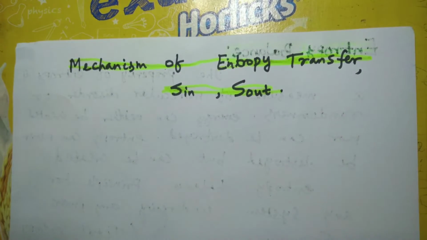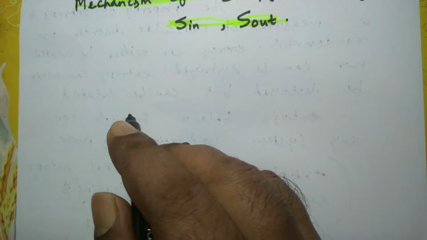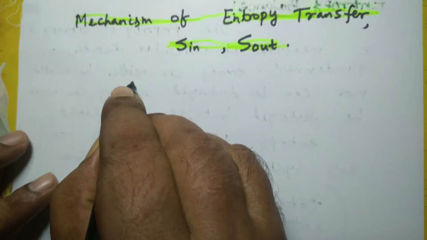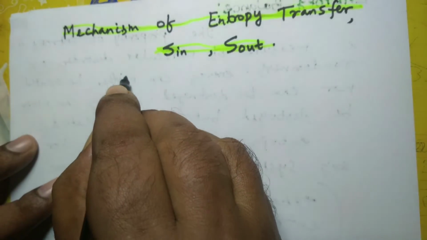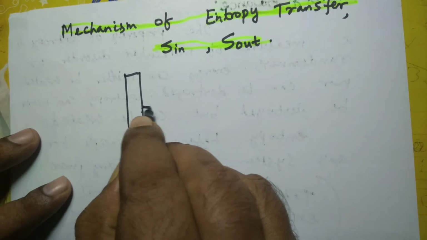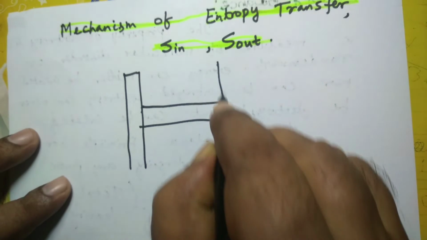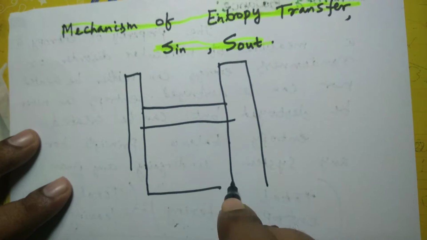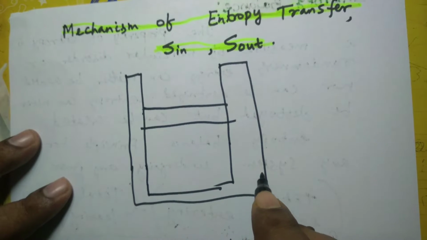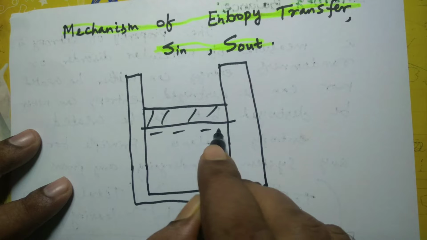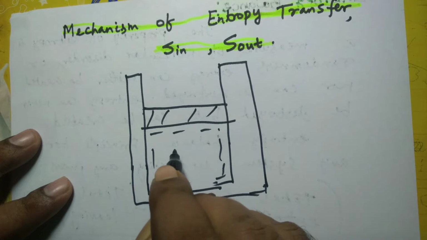So how does this entropy transfer between system and surrounding take place? You see, suppose this is a system. This is a piston cylinder arrangement. This is the boundary, this is the system.